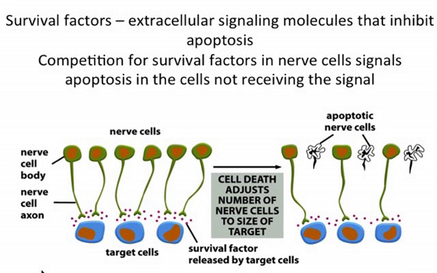If it's the intrinsic pathway of apoptosis, it'll be due to DNA damage or some drug or something going wrong. And one of the other things that will induce apoptosis is a lack of survival factors. So survival factors are extracellular signaling molecules that inhibit apoptosis, and this helps to regulate cell number during development. So an example is in nerve cells.